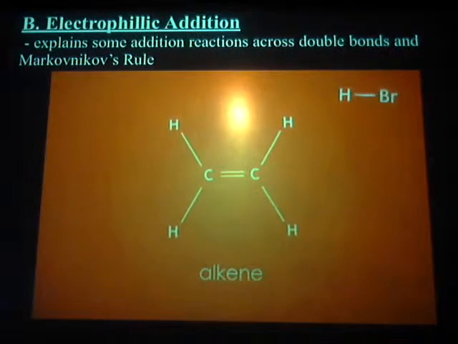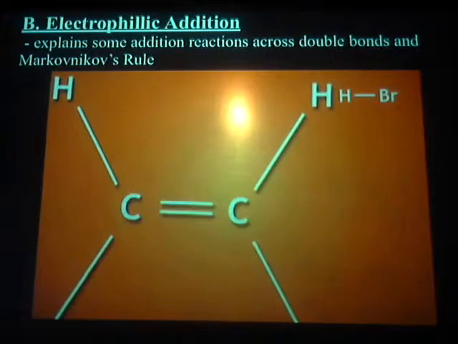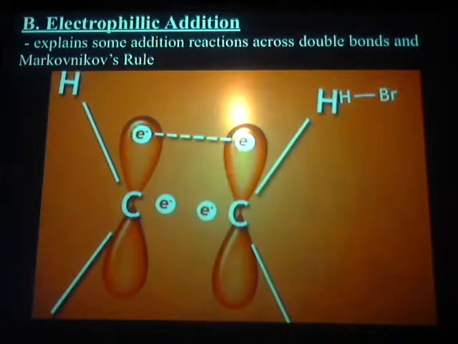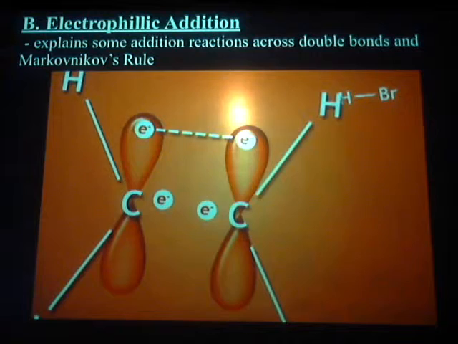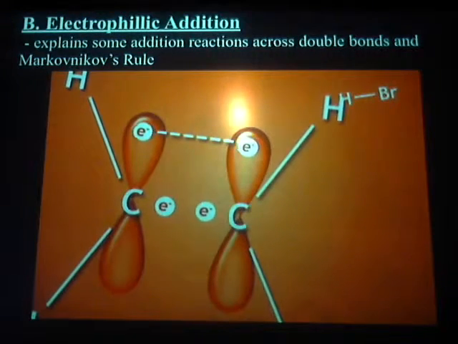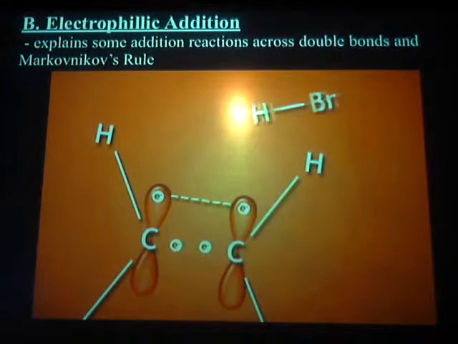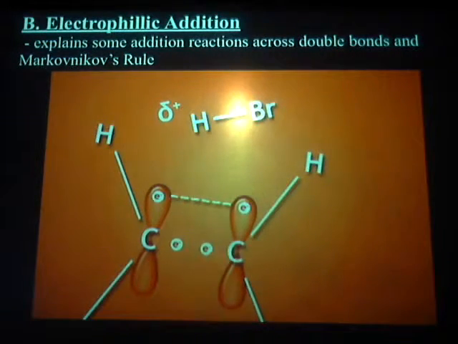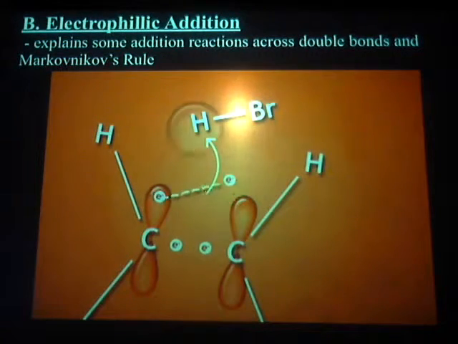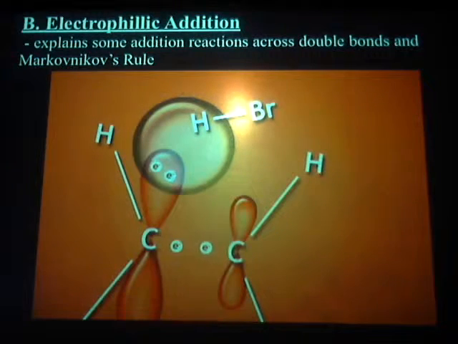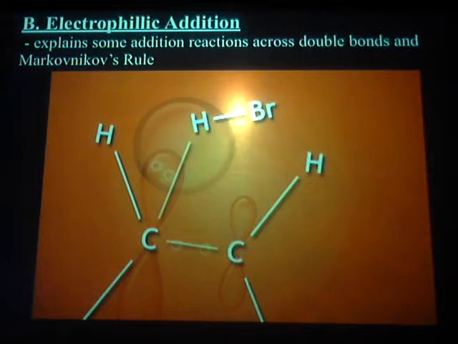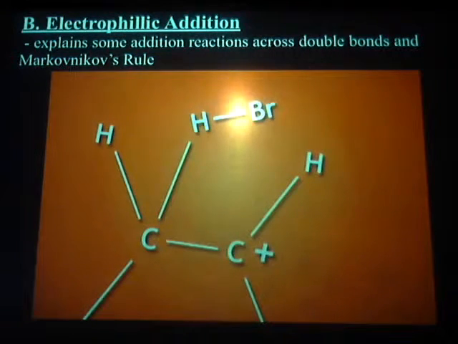Remember that a double bond contains one sigma bond and a weaker pi bond. Weaker because their orbitals do not overlap. These pi electrons are thus attracted to the partially positive hydrogen atom in the halide molecule and are able to form a stronger sigma bond. Because an electron has been removed from the adjacent carbon atom, the carbon atom becomes positively charged.